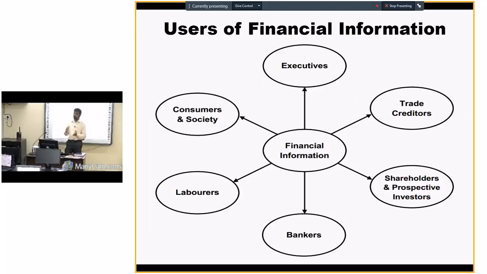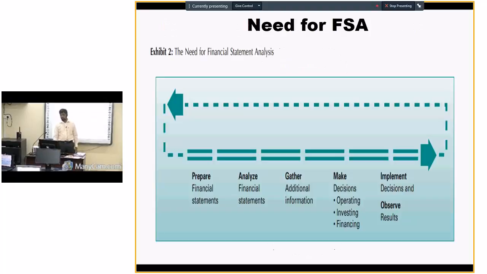Another thing, they are concerned about their jobs, that means the stability of their jobs. Then consumers and society, and government institutions. There are a number of other organizations. I have put here a very limited number of users. Further we can discuss. Those are the users of financial statements.